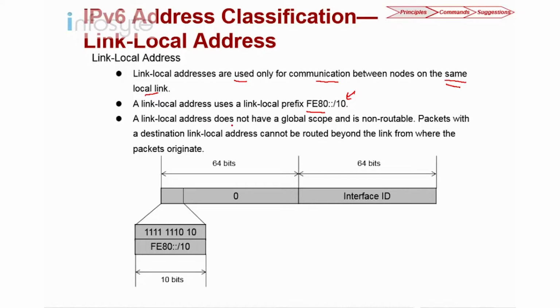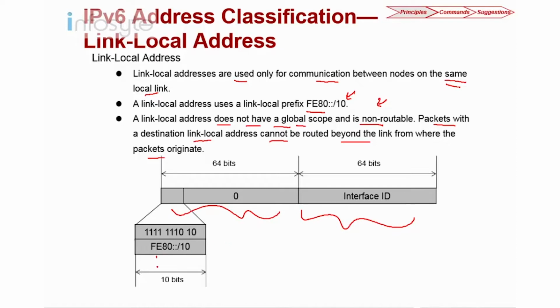A link local address does not have a global scope and is non-routable, meaning you cannot use FE80 for routing or internet purposes because this is only for internal use. A packet with a link local destination address cannot be routed beyond the link from where the packet originates. As you can see, the link local is 64 bits: here we have the interface ID and here we have our network prefix.